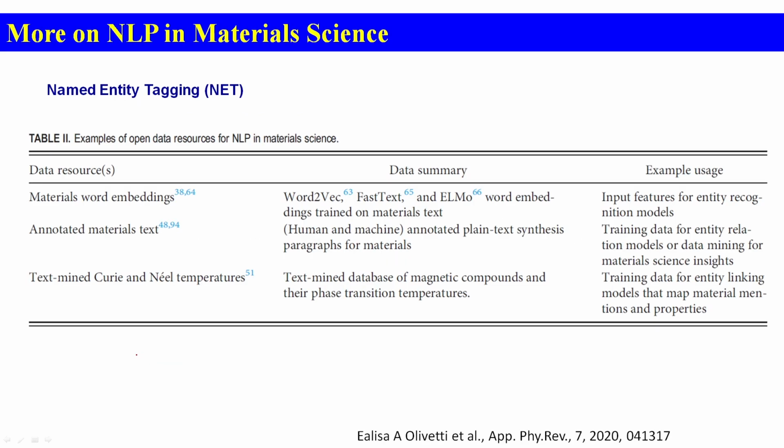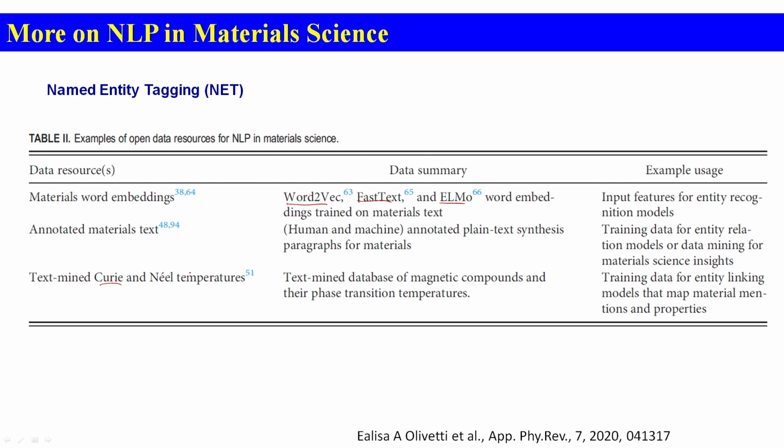There are different kinds of named entity tagging, like material word embeddings, where you can have software such as Word2Vec, FastText, ELMo, okay. Or annotated material text, it can be plain text, synthesis paragraphs of materials, like text mined queries.